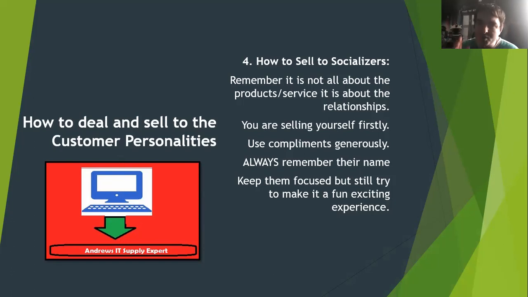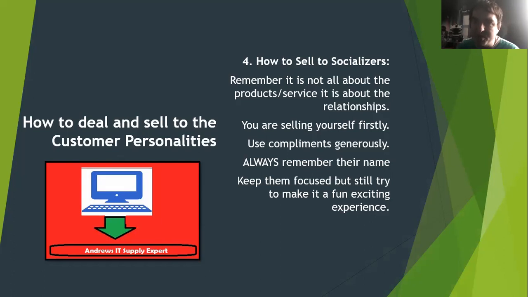You want to remember who they are, and they will recommend the product and service to others, and they will put your name down and recommend you to other customers.